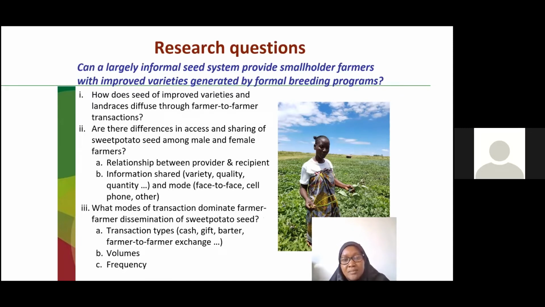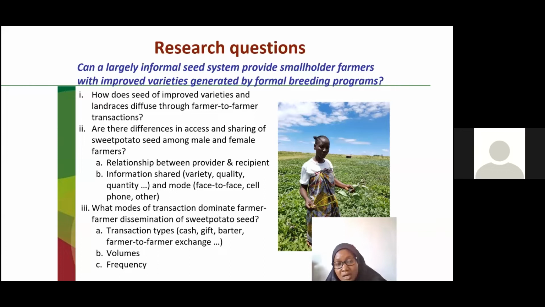The main research question was, can a largely informal seed system provide smallholder farmers with improved varieties generated by formal breeding programs? Within this main question, we developed sub-questions. One is how seeds of improved varieties and landraces diffuse through farmer-to-farmer transactions. We also looked at whether there are differences in access and sharing of sweet potato seed among male and female farmers.